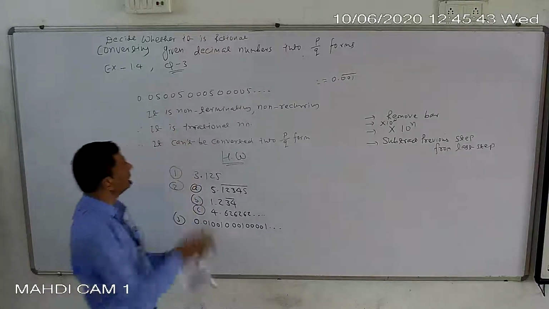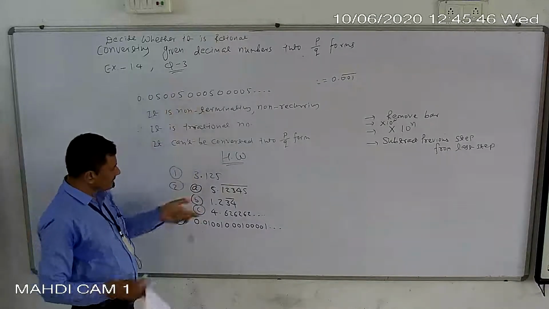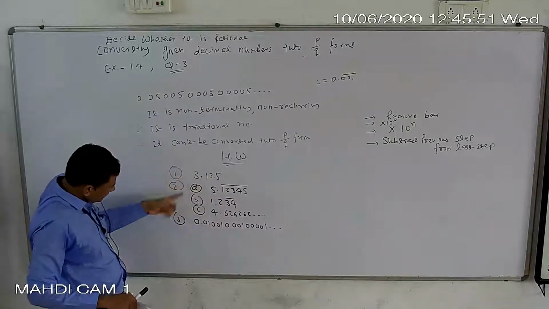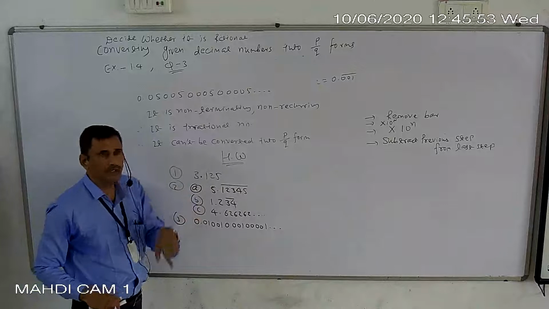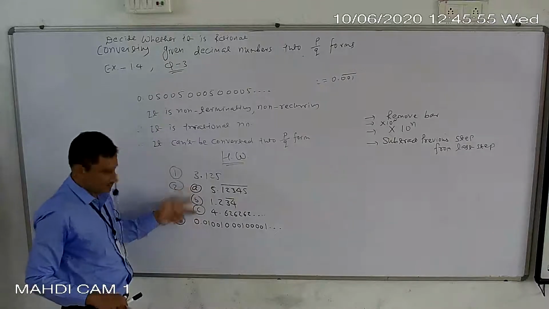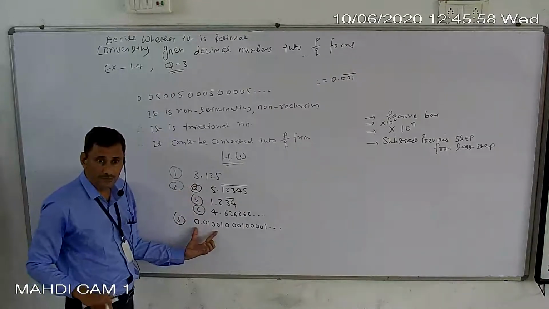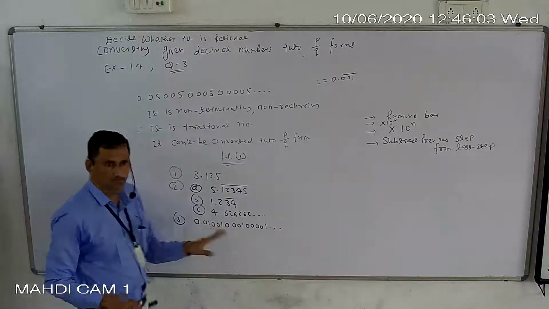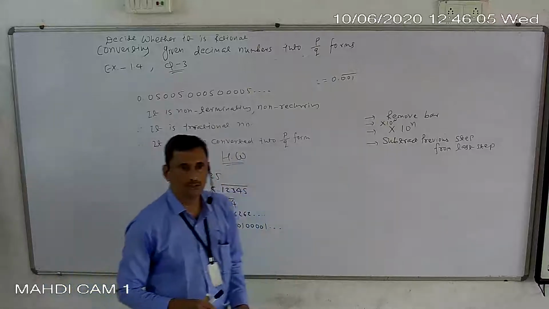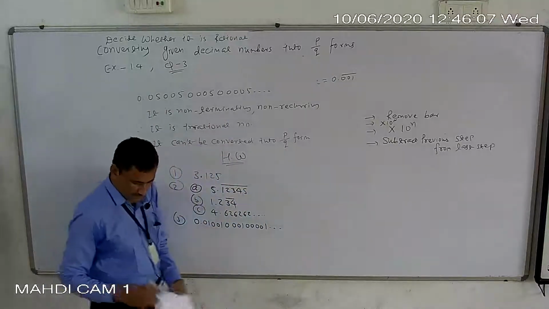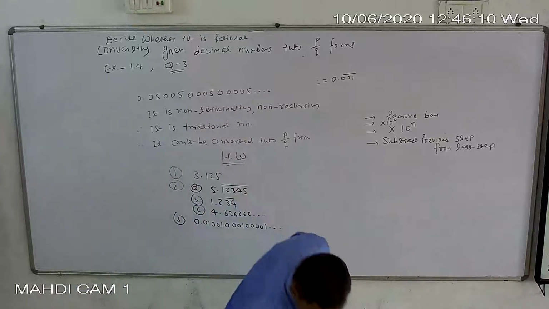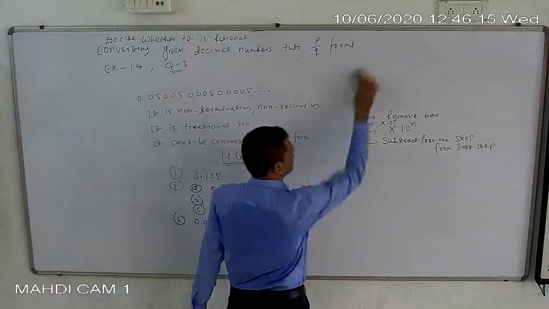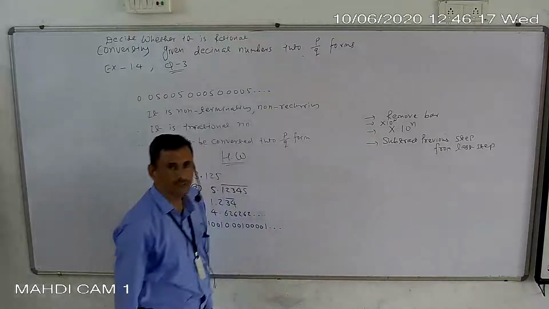If you compare with our solved examples, you easily know the first part is terminating. In the second question, all sub questions are non-terminating recurring, so the real process will be here only. It is obviously non-terminating, non-recurring, so no process, no p by q form is possible. Okay, so I hope you understand it well. If you have any problem, just repeat the video again so that you can understand it well. Thank you.